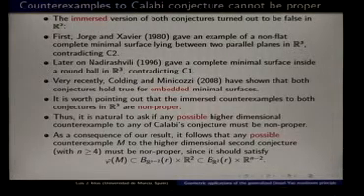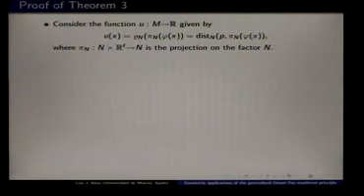Now I would like to give an idea of the proof of the result, to show you how we use the maximum principle to prove these kinds of results. Well, the idea of the proof is the following.